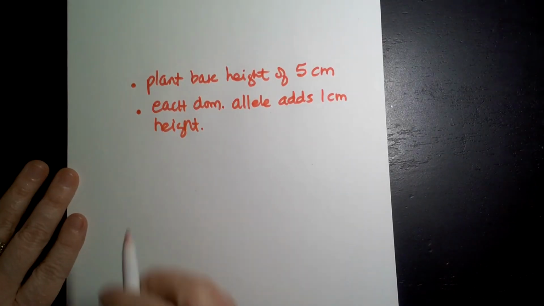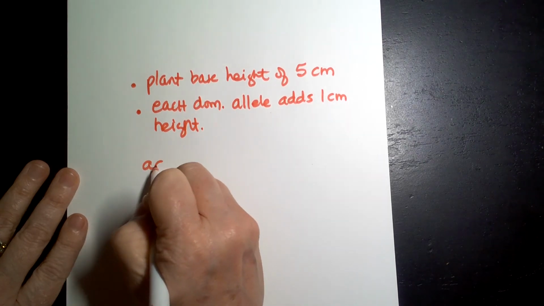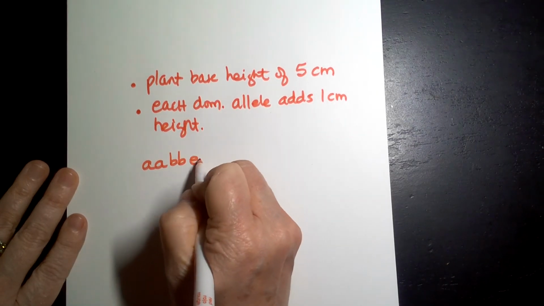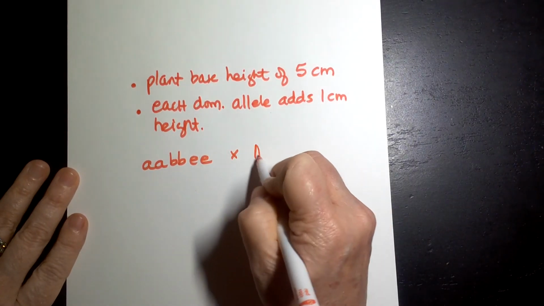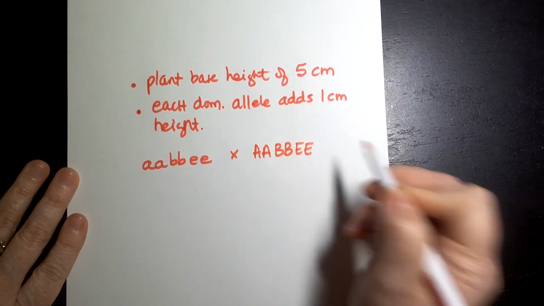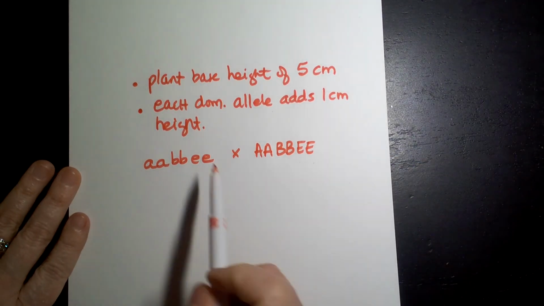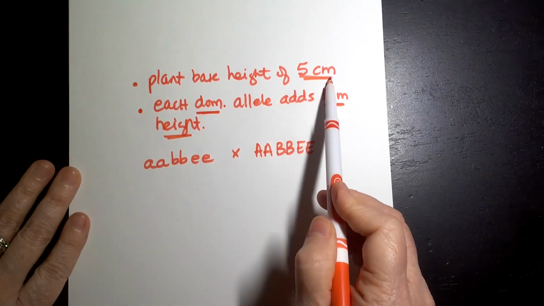So if you have this parent, and we'll say little a, little b, little e, and they cross with the big A, big B, big E, okay? Now, each dominant allele adds a centimeter of height, but the base height is 5.